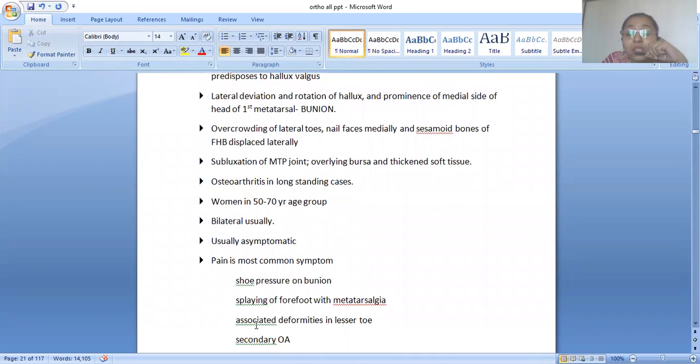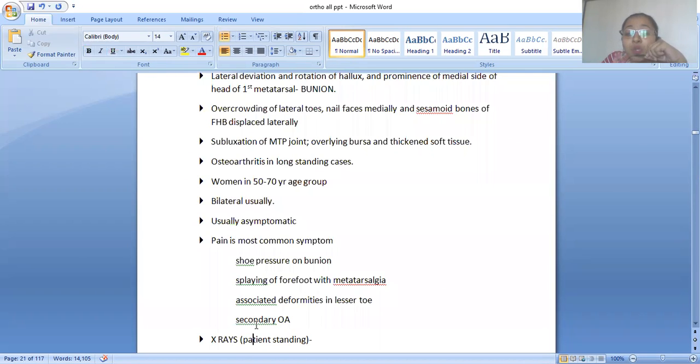Shoe pressure on the bunion will cause pain. Splaying of the forefoot with metatarsalgia will cause pain. Associated deformities in the lesser toes, like medial or lateral shifting, will cause pain. And then the OA, if persisting in long-standing cases, will cause pain.